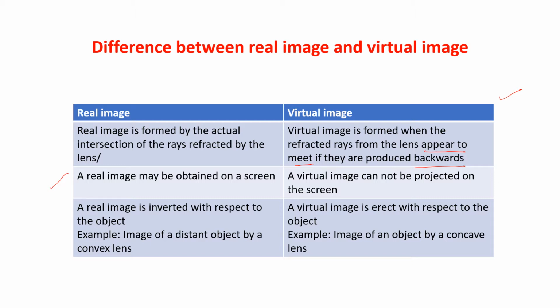A virtual image cannot be projected on a screen. A real image is inverted with respect to the object. Example, the image of a distant object by a convex lens. A virtual image is erect with respect to the object. Example, the image of an object by a concave lens.